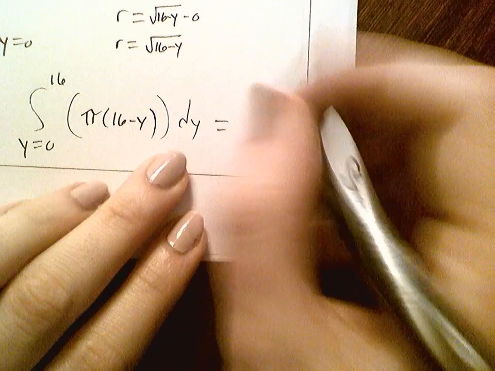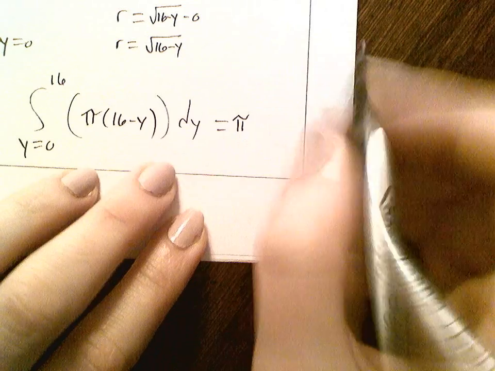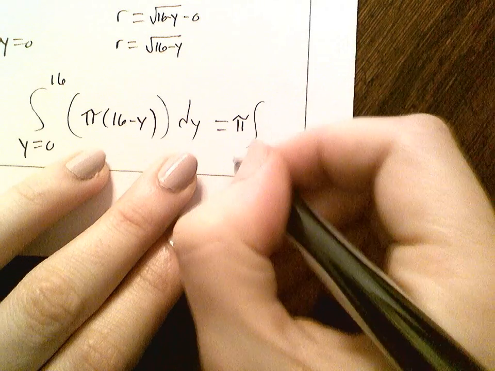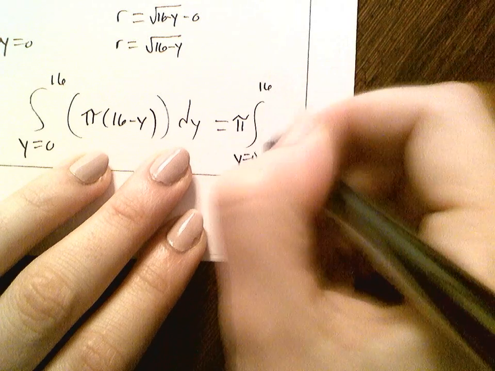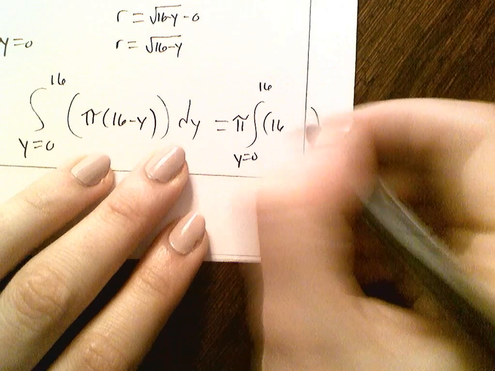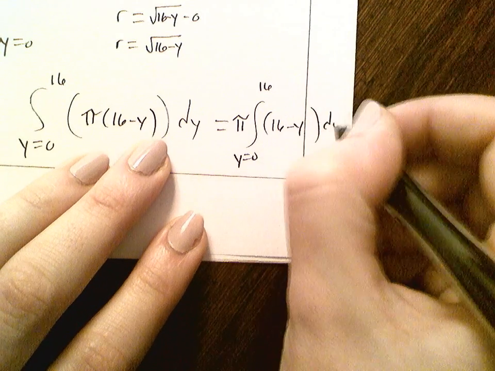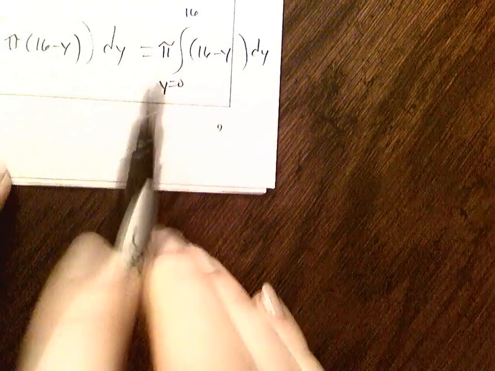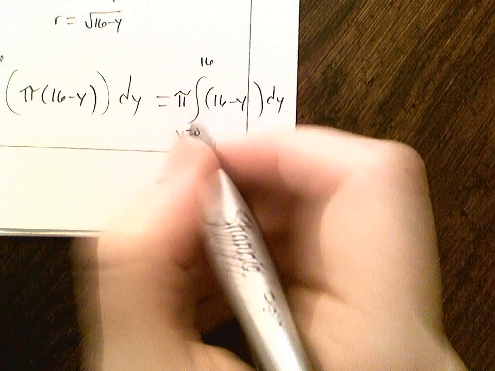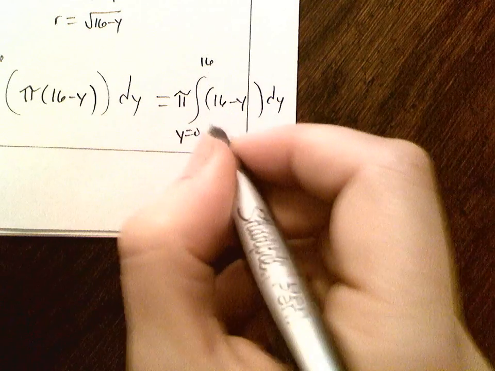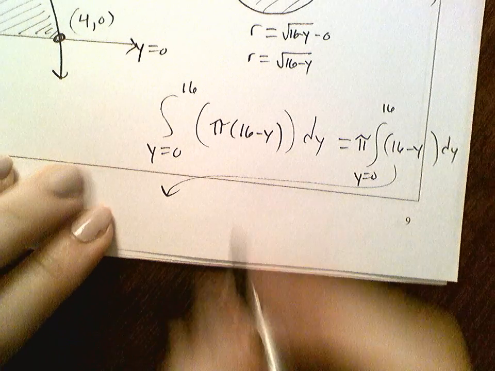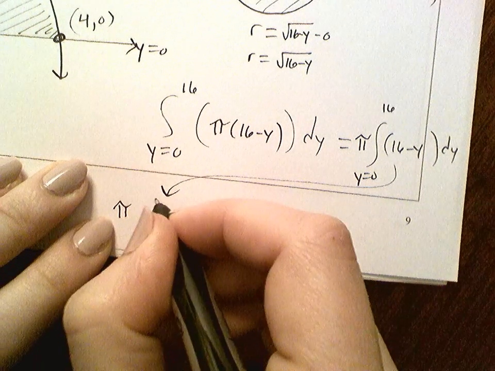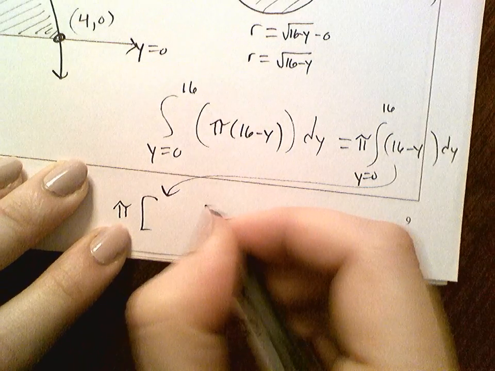I'm going to pull out the pi because I think it'd be easier that way to not have to deal with the pi inside. So I pull out the pi there, and now I'm going to take the antiderivative.